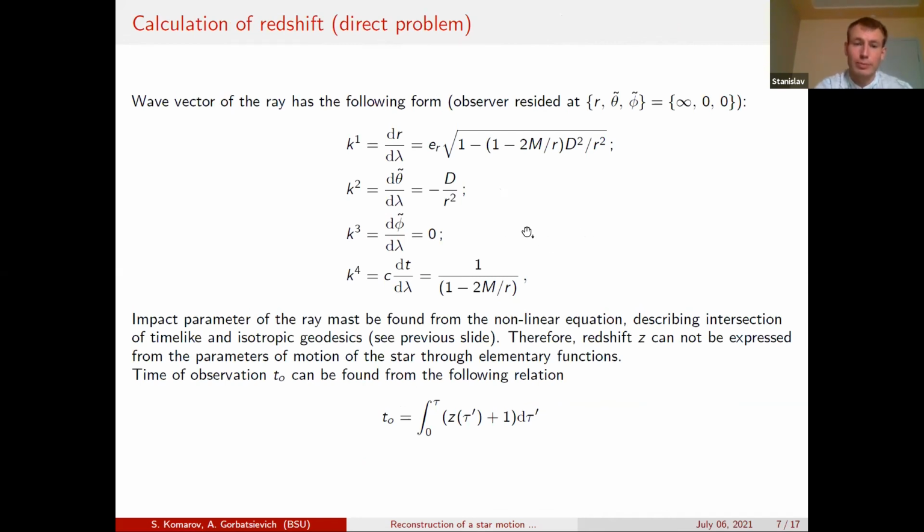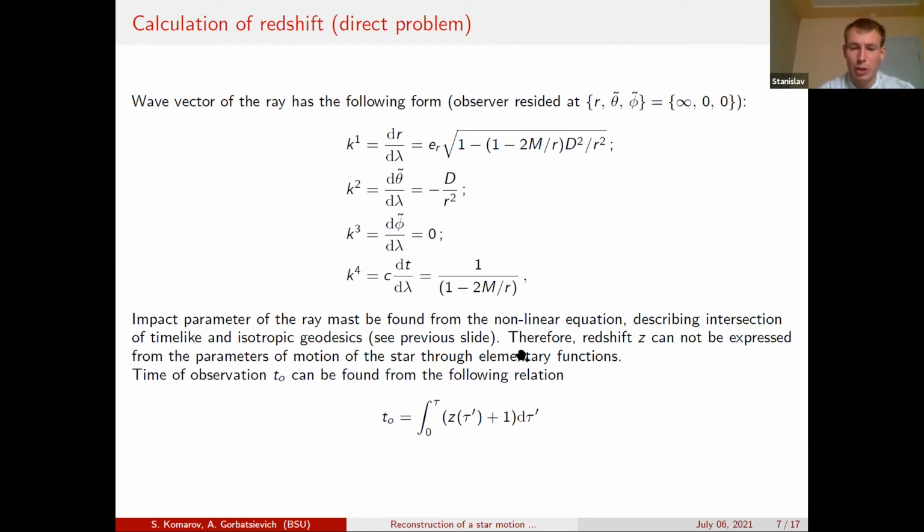Firstly, we consider analytical expressions for the wave vector of the source of the electromagnetic radiation that propagates from the source to the observer. And also we must write down a formula that connects the time of observation and the proper time of the source star.